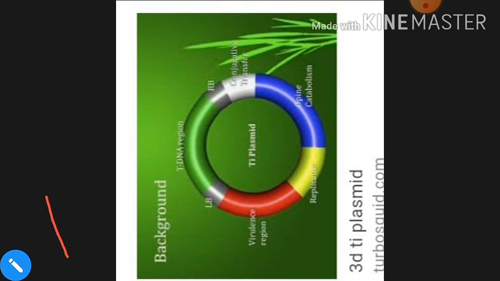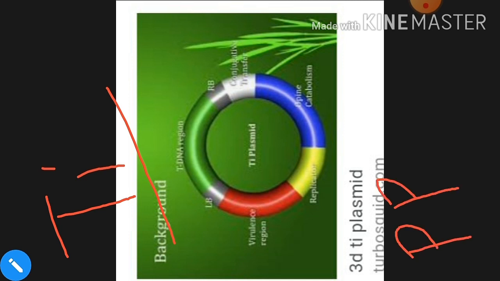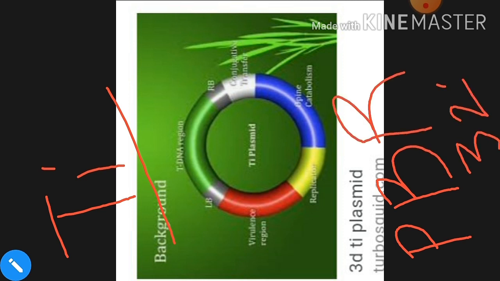Now what is the Ti plasmid? This is the name of a cloning vector, just like you have heard in the previous video about pBR322. pBR322 is the name of a cloning vector.